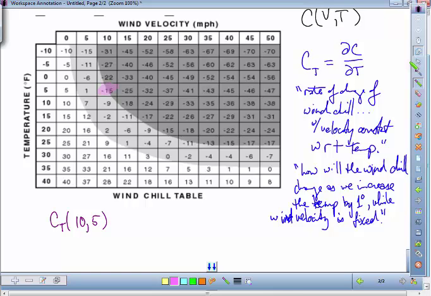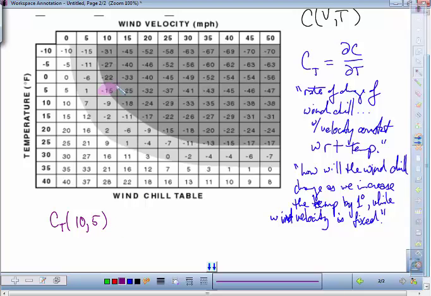Now, one way to approach this is remember that this is the change in C with respect to the change in T. So let's say we're sitting here at this value, and let's change with respect to temperature. Our temperature is going to go up, right?